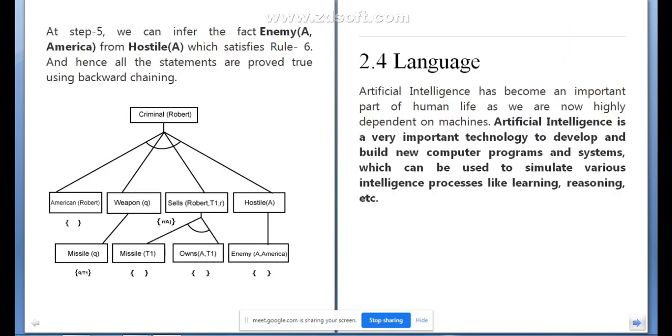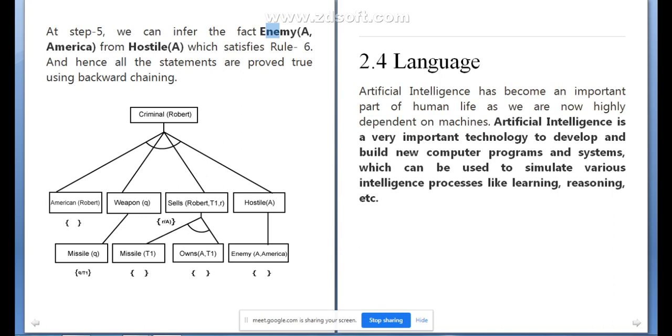Step 5, now we will see step 5. As step 5 we can infer the fact that is Enemy(A, America). Now we have Hostile(A), which means that Hostile(A) is a country who is the enemy of America. So from this particular Hostile(A), we infer the fact that particular country is the enemy of America.